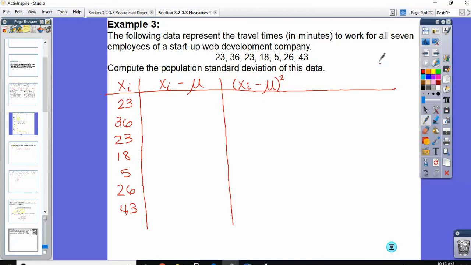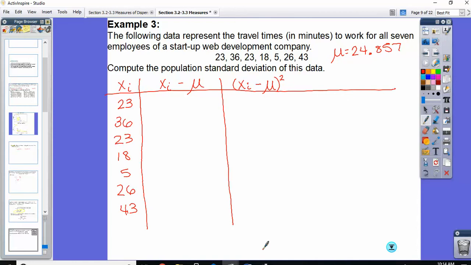From yesterday, didn't we find the mean of those yesterday? Does anybody have that written down in your notes? It was like 24.857.